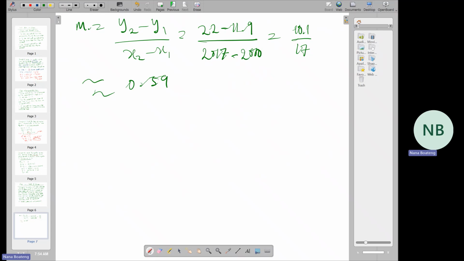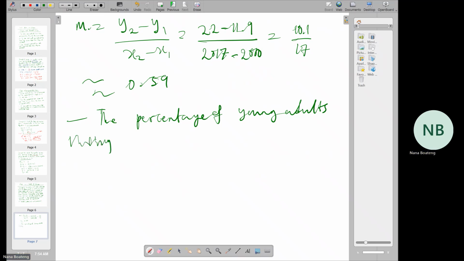So what this means is the percentage of young adults living with their parents increased, because the rate is positive, so we say the rate is increasing.